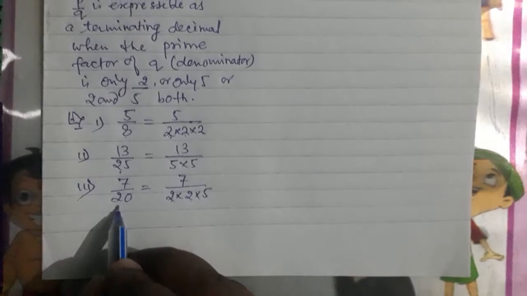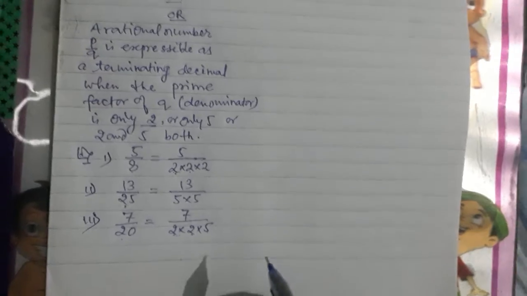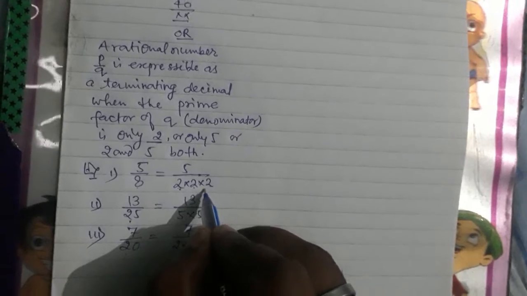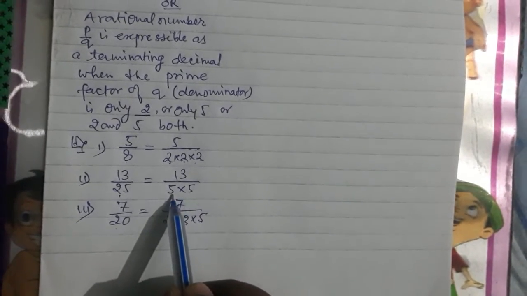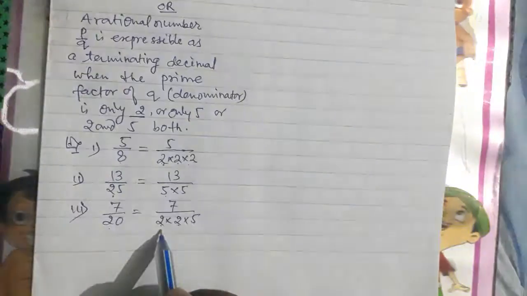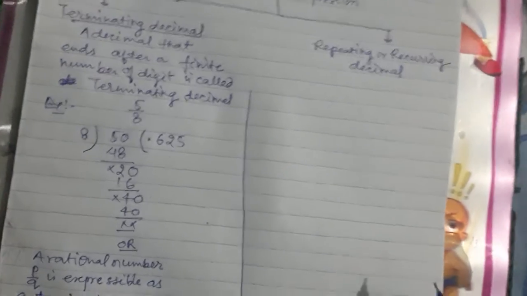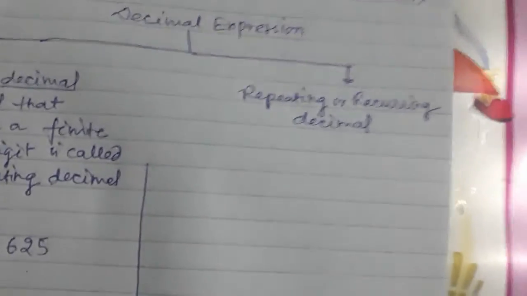Denominator with only factor 2 is terminating, only factor 5 is terminating, and factor of both 2 and 5 is terminating. But if the denominator has a factor other than 2 or 5, it will be repeating or recurring decimal.